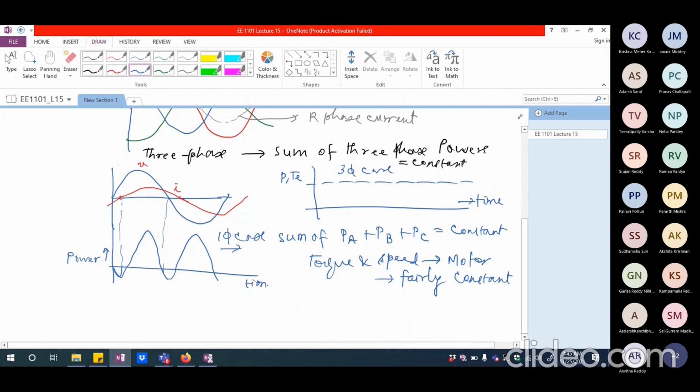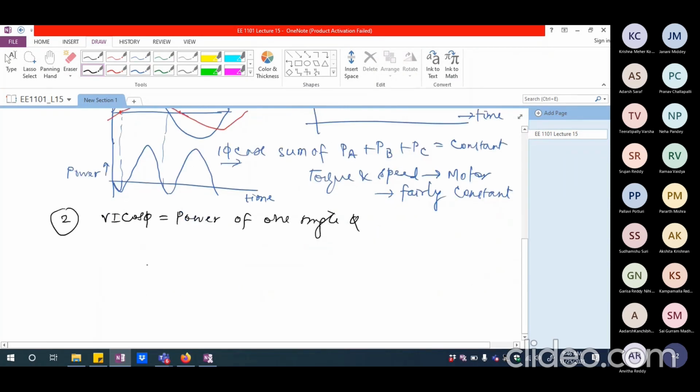The second important advantage of three phase is this. Let us say VI cos phi is the power of one single phase. In this particular case, I'm going to have one conductor carrying the current.